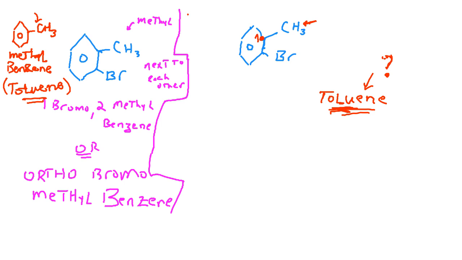That means where I put this bromine here, this would be carbon number 2. So this thing would be named 2-bromotoluene, because the bromine then is on carbon 2, because carbon 1 is the methyl that made this toluene.